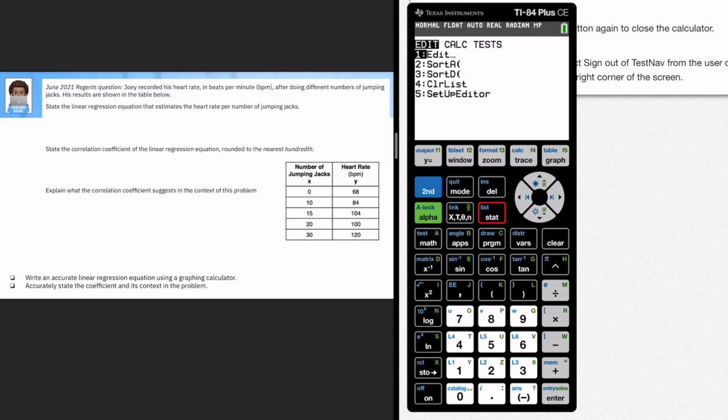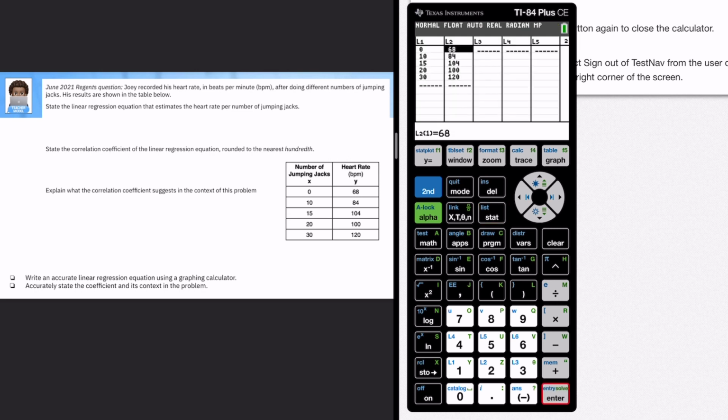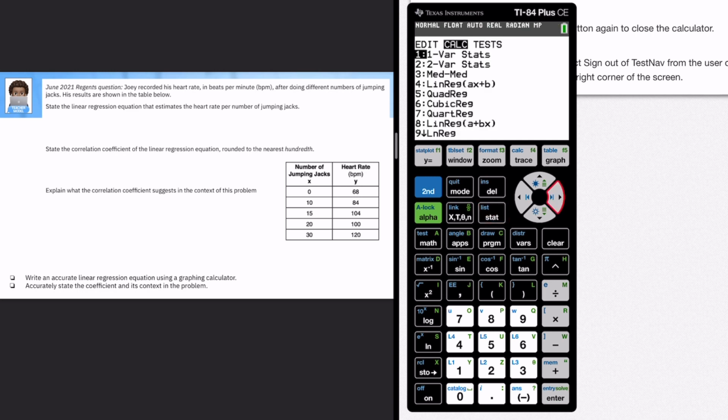So I'm going into my calculator, I'm hitting stat, I'm going to edit, and you notice I've already put in all the points for X under L1 and for Y under L2. Once I hit that, I'm done with that. I can hit stat again, move over to calc, and go down to the one that's ax plus b.